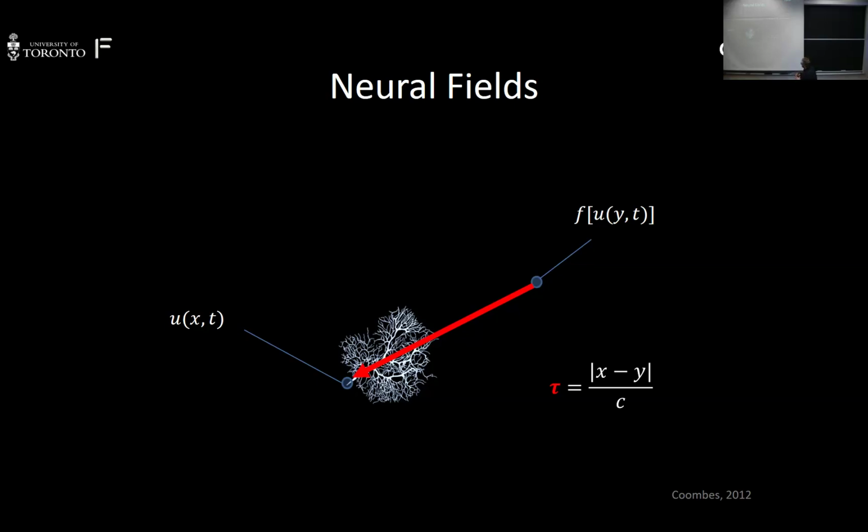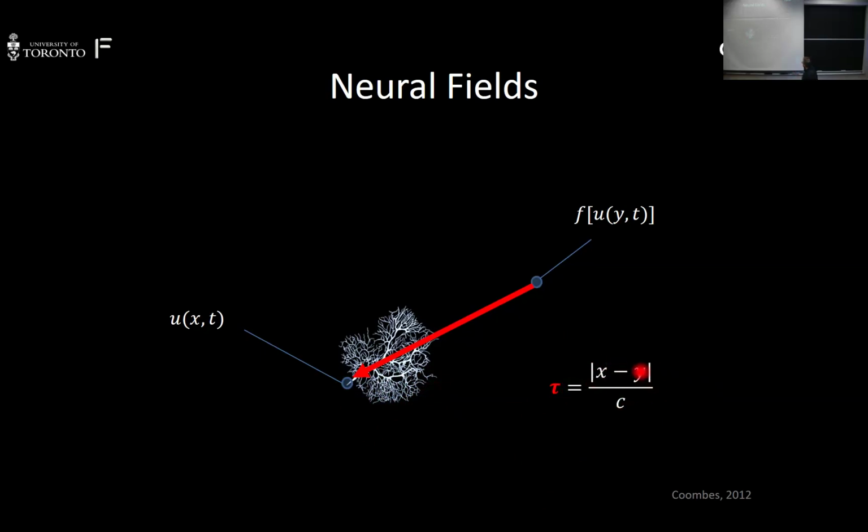So the full picture has inputs coming in from different points over space, and inputs coming in from different points over time, and the inputs from other points in time are delayed by some value tau that is also a function of space.